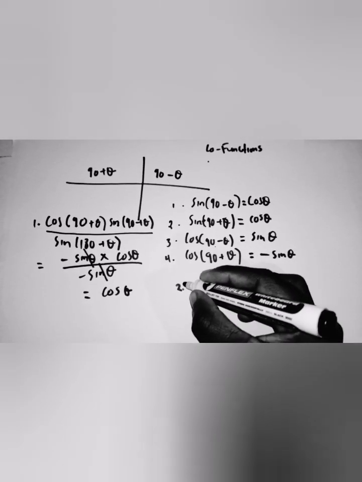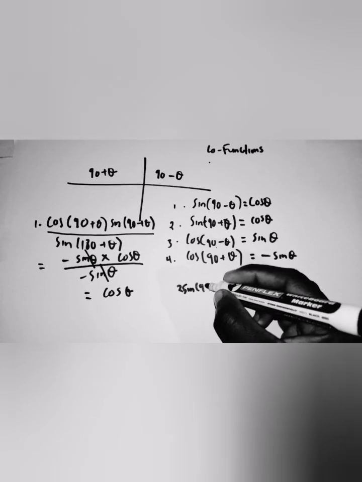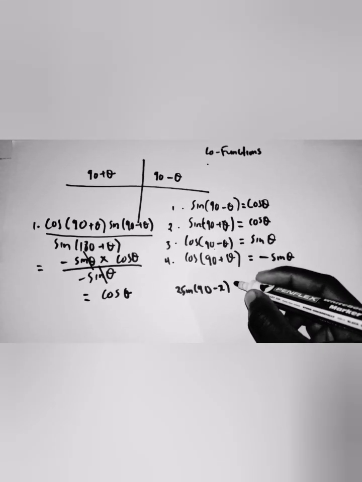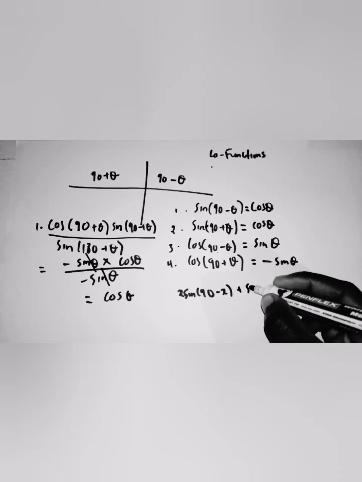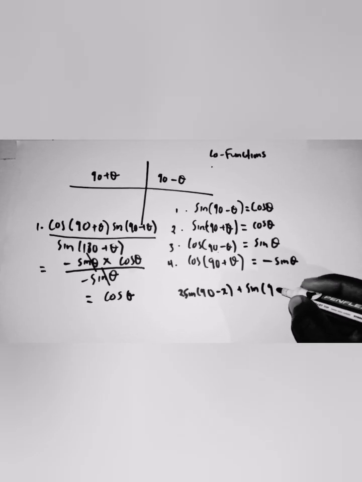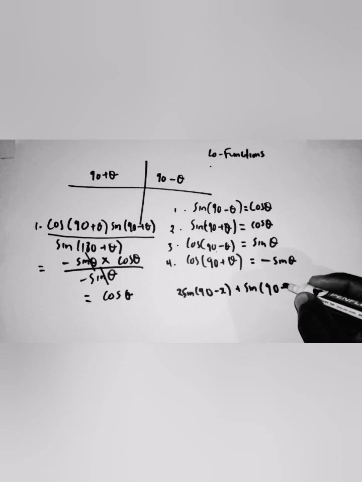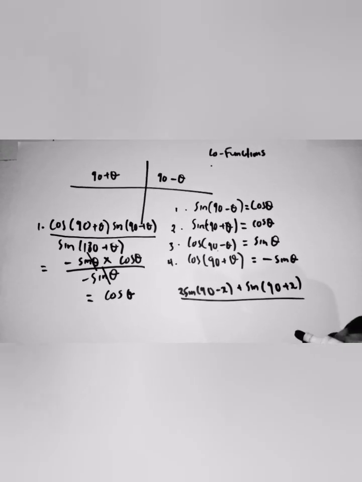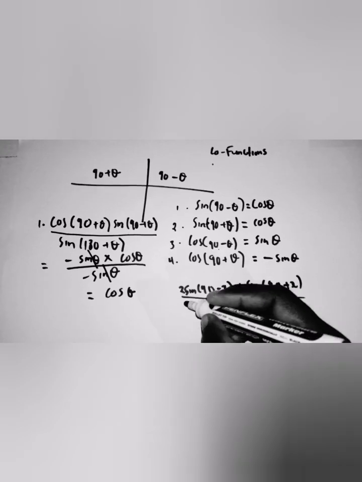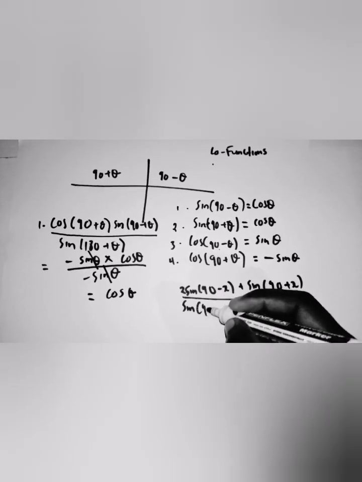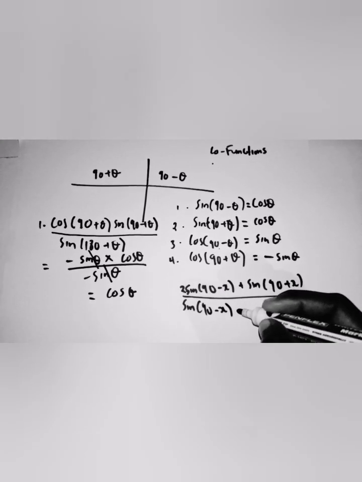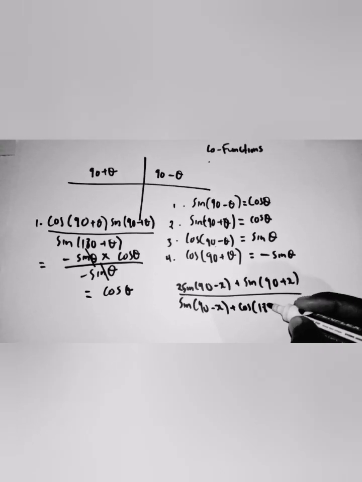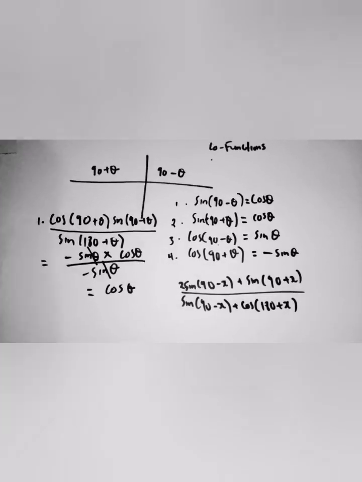Now, let's check 2 sine 90 minus x plus sine 90 plus x over sine 90 minus x plus cos 180 plus x.